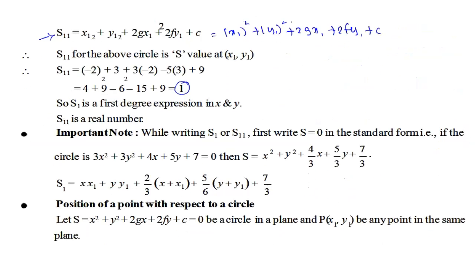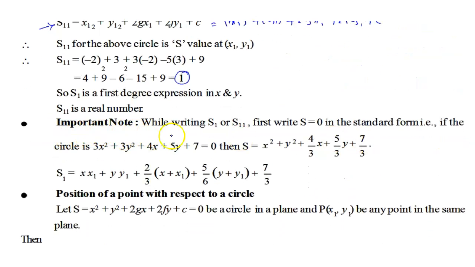The next important condition: while writing S1 or S11, first we write S is equal to 0 in the standard form. Whenever we look at the question, the coefficients of x square and y square should be the same, which is the first condition, and we need to divide entirely by that coefficient, here 3. So I did it like this.